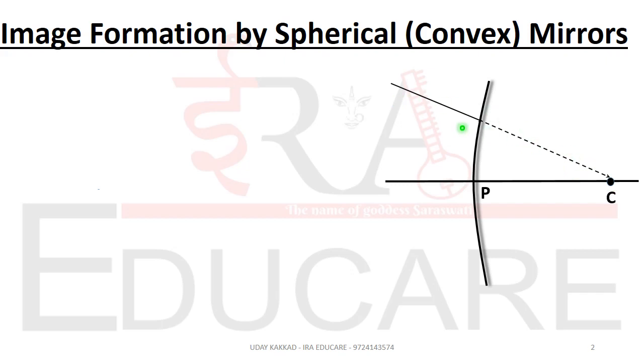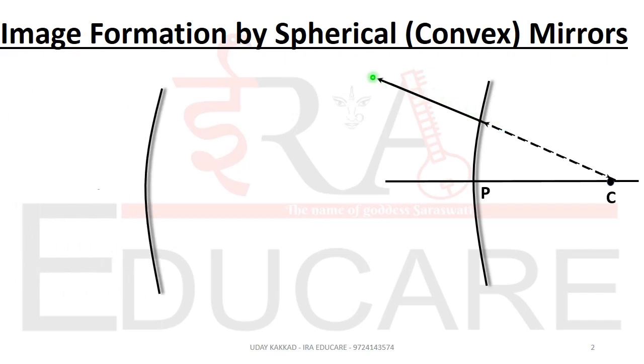It reflects in the same direction, because if you take a normal which is passing through C, the angle of incidence and angle of reflection are both almost zero, right? So the incident ray and reflected ray are always in the same direction.